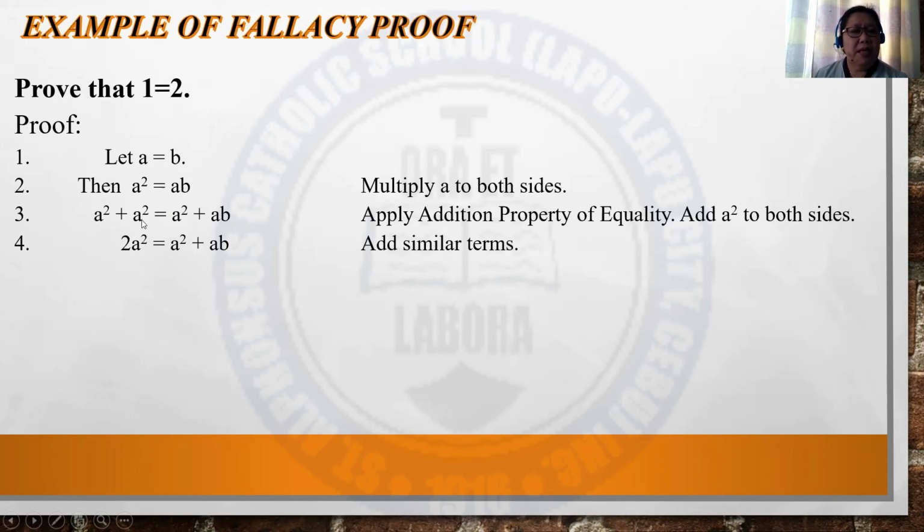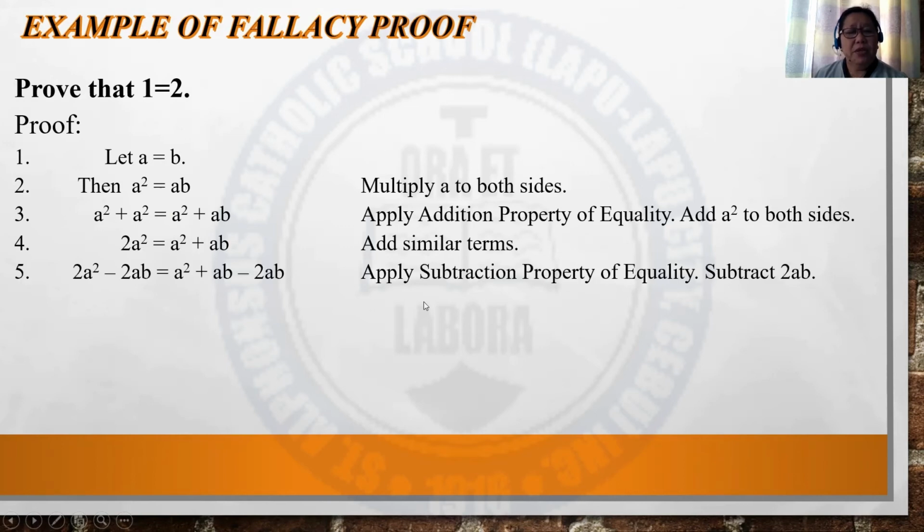A squared plus A squared is 2A squared. Then apply the subtraction property of equality. You may subtract 2AB from both sides. So minus 2AB, minus 2AB. And then we combine similar terms. AB minus 2AB is negative AB.